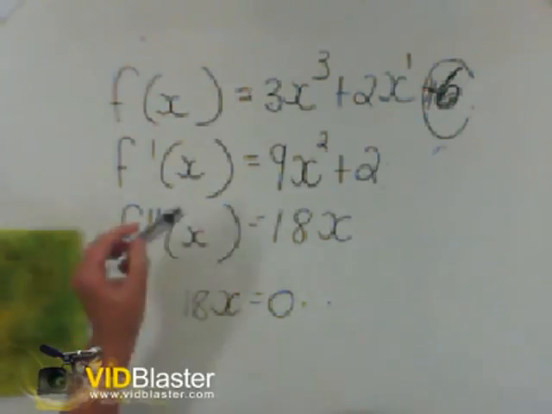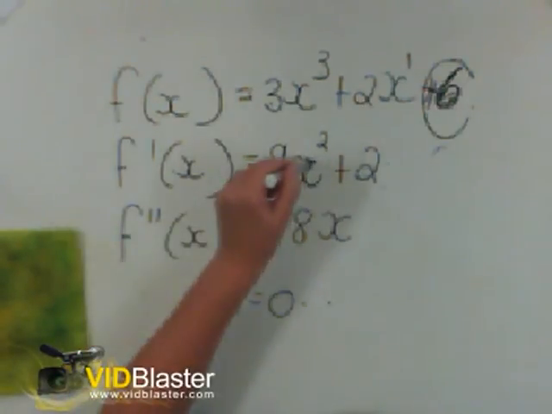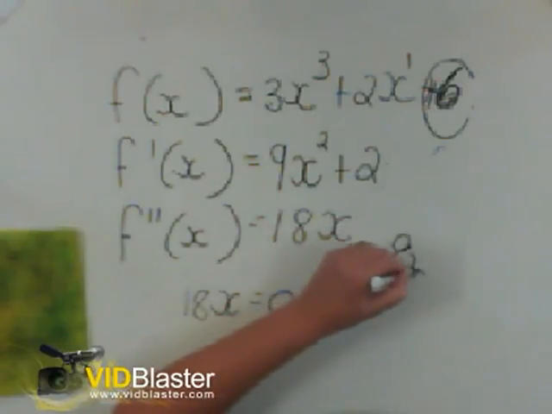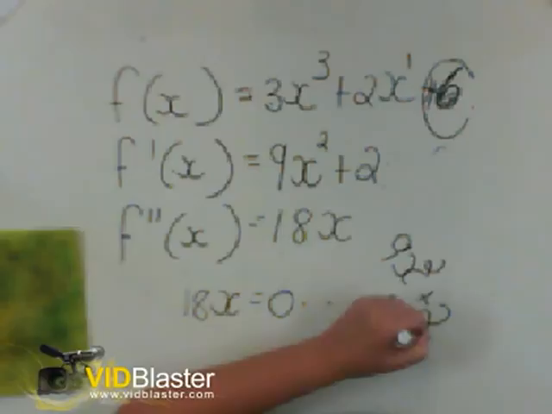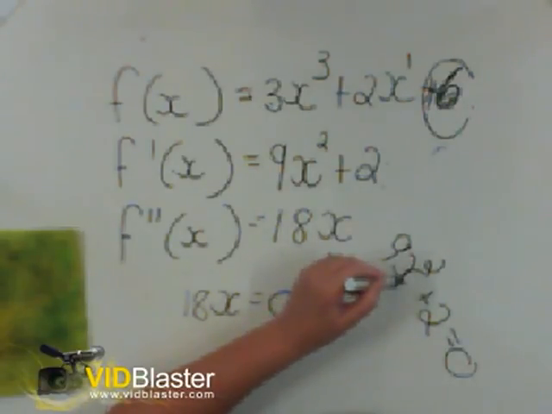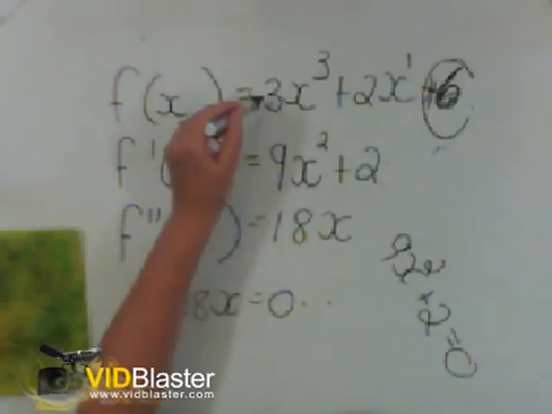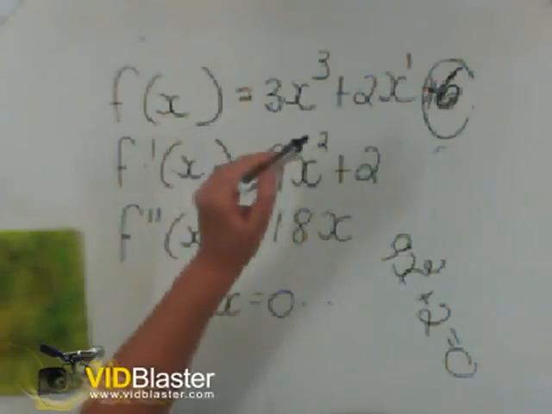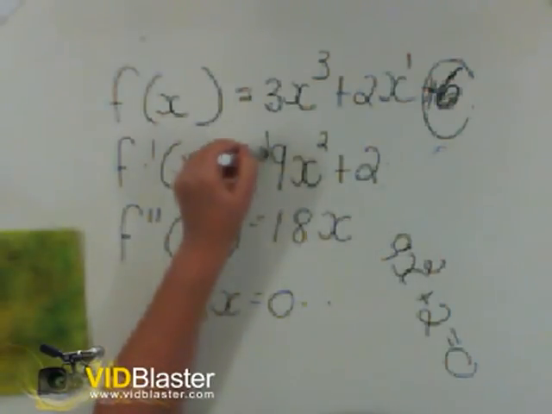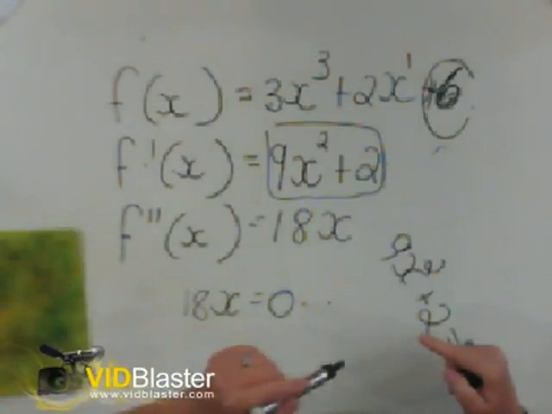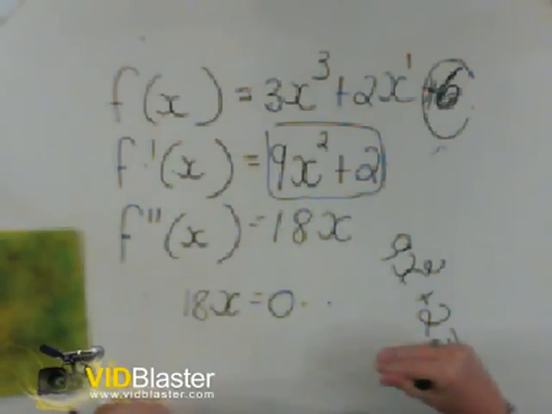Like your stationary point, you'll take your first derivative, 9x squared plus 2. Make that equal to 0. Solve for x. X goes back into the original to find the corresponding y value. The first derivative will 99% of the time be a quadratic because you need 2 x values. If you think of a cubic graph, you've got 2 stationary points most of the time.